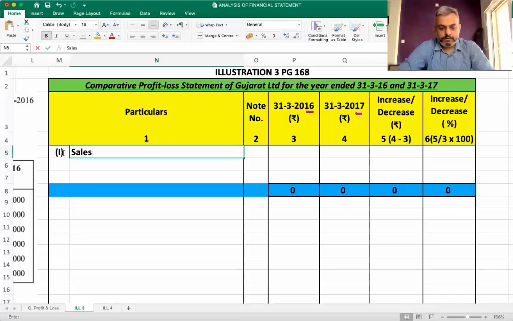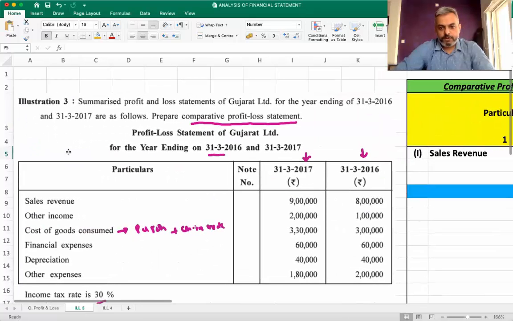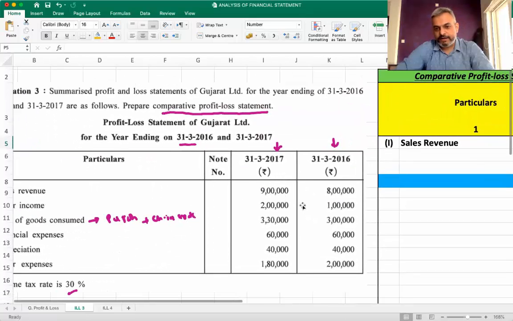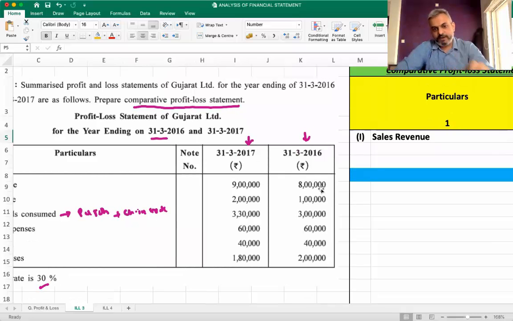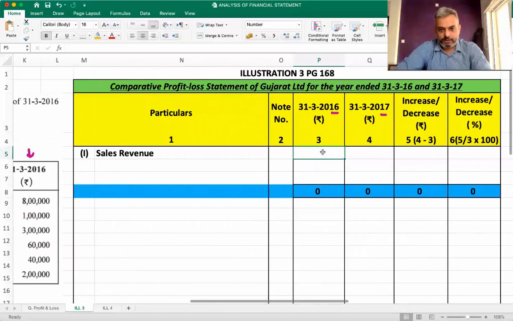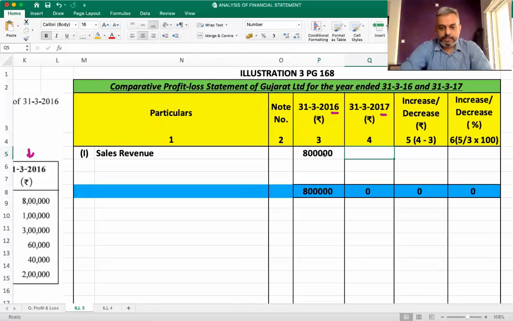First, sales revenue. Now over here your sales revenue is 9 lakh for 17 and 8 lakh for 16. So here we will go this way. First 8 lakh and then 9 lakh. So here we write 8 lakh and then we write 9 lakh.